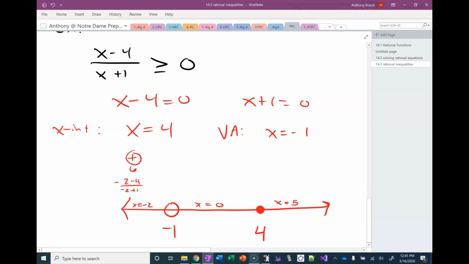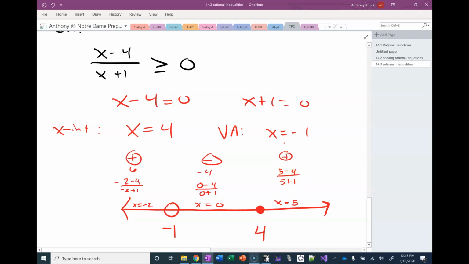So that's positive. I'm going to have (0 - 4)/(0 + 1). So that's -4 over +1, which is -4. So that part's negative. I'm going to have (5 - 4)/(5 + 1). That's 1 over 6, so that's 1/6.